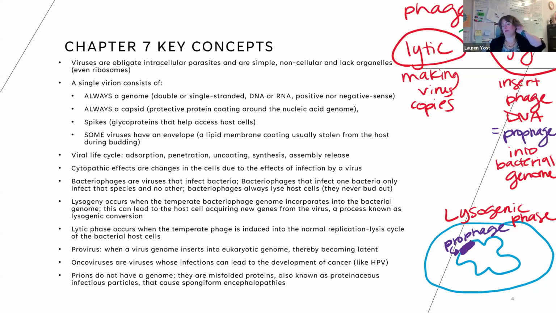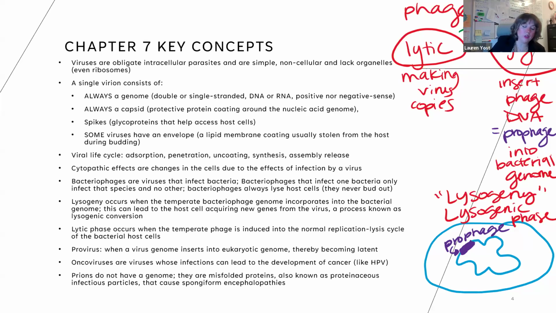Okay. So that's the gist of lysogeny. Again, lysogenic phase is also known as lysogeny. And the way I remember this is lysogeny has gene in it. If it's part of the genes now, then it's a prophage. And that's when the lysogenic phase is happening, okay?